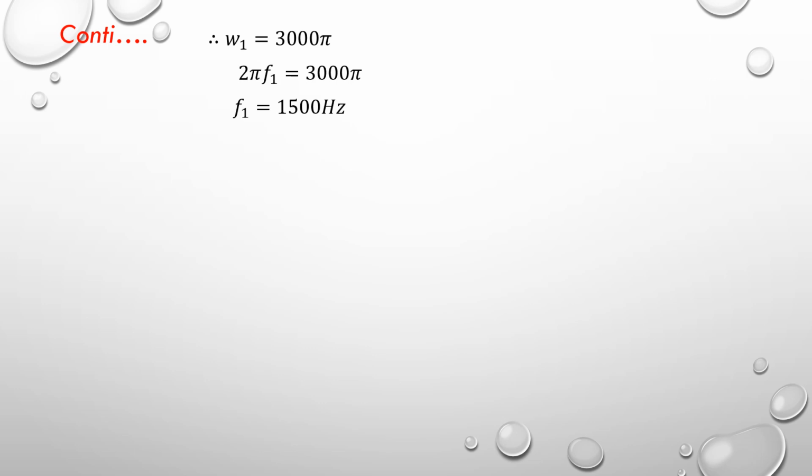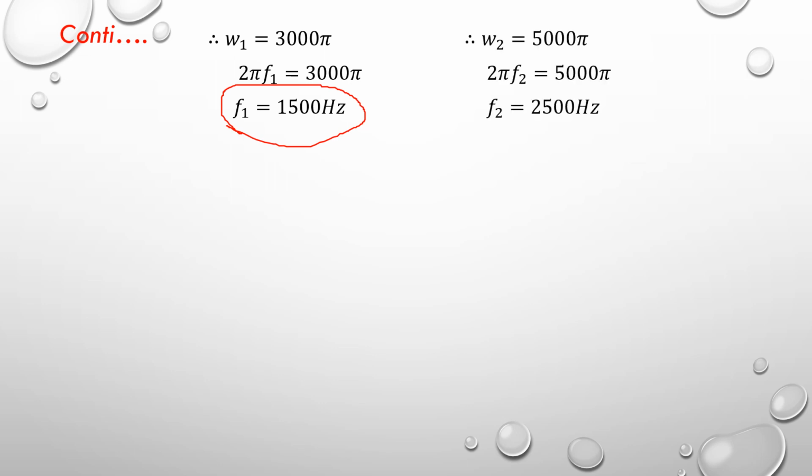Omega 1 is equal to 3000 pi, so omega 1 is equal to 2 pi f1 is equal to 3000 pi, so f1 is equal to 1500 hertz. Similarly, we find the omega 2 value. Omega 2 is equal to 5000 pi, and omega 2 is equal to 2 pi f2 is equal to 5000 pi, so f2 is equal to 2500 hertz.